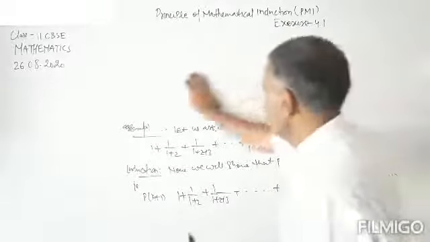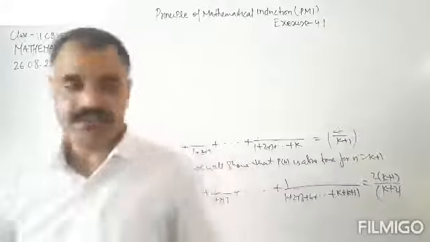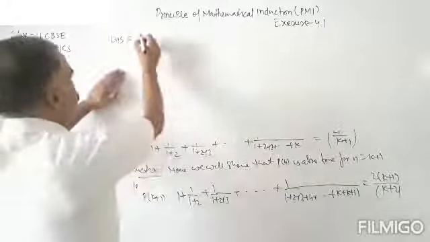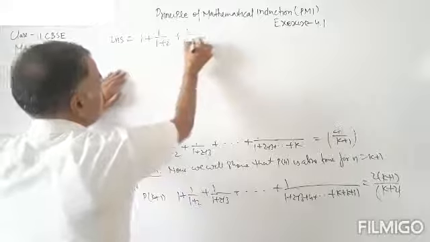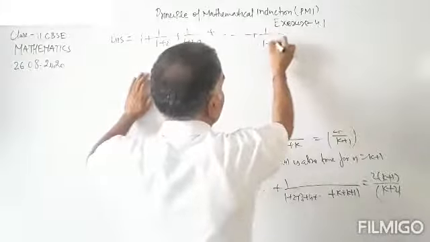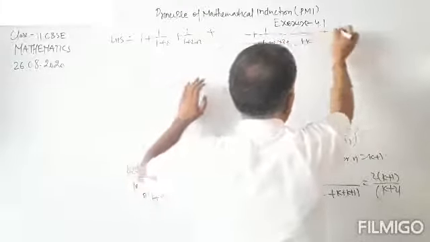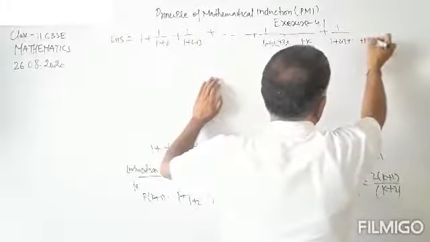The left hand side is equal to 1 plus 1 upon 1 plus 2 plus 1 upon 1 plus 2 plus 3 plus and so on, plus 1 upon 1 plus 2 plus 3 plus k plus 1 upon 1 plus 2 plus 3 plus k plus 1.